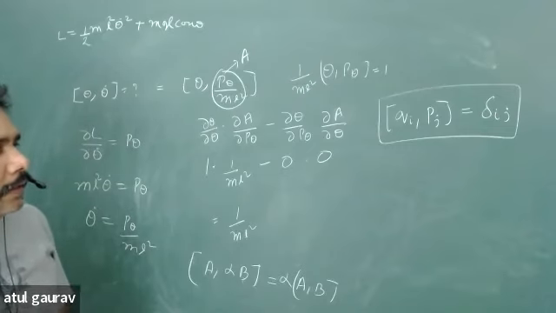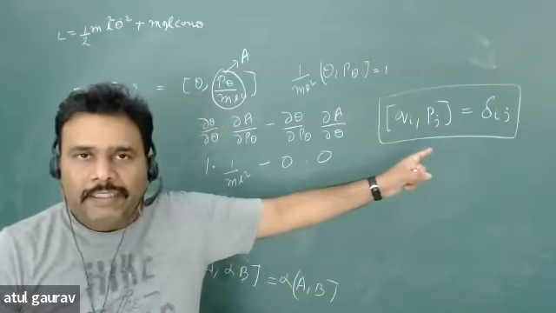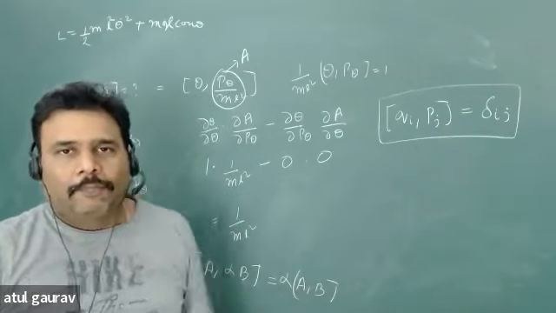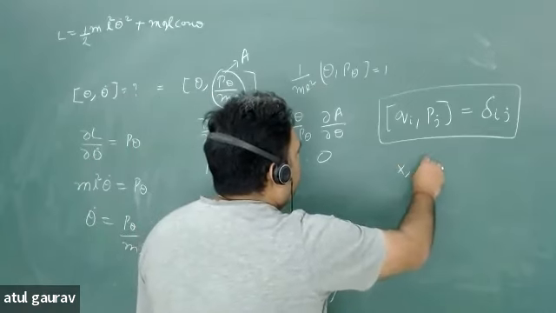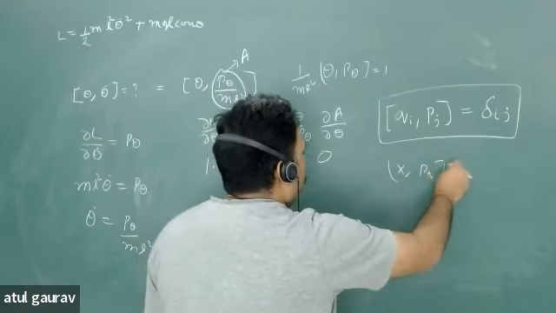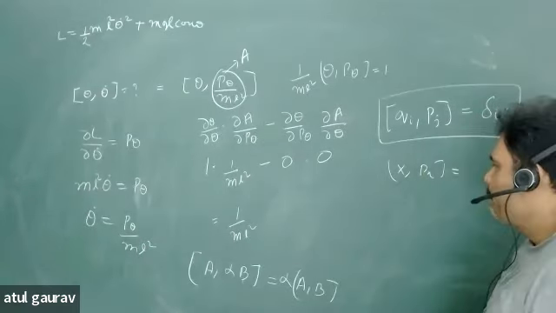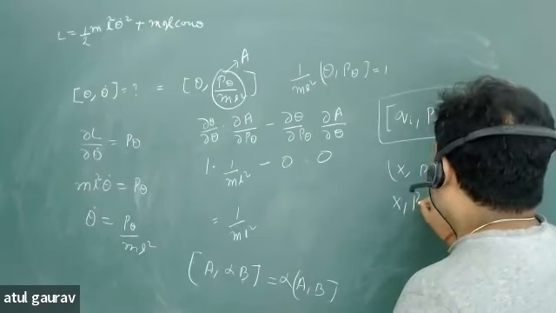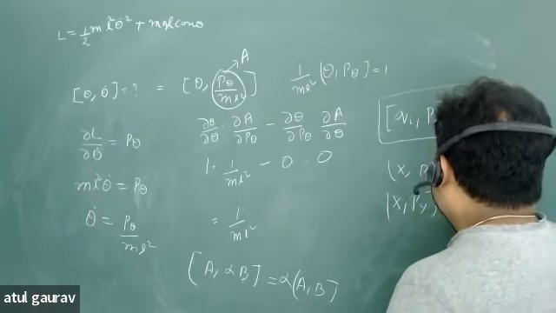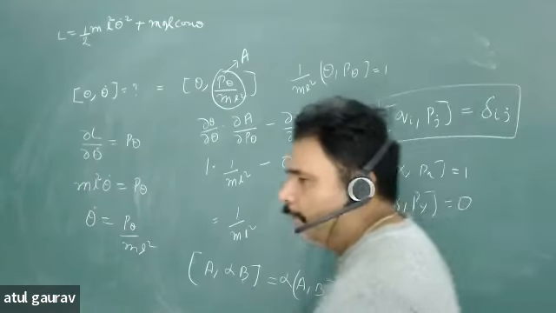If i is equal to j, then this will survive, isn't it? Otherwise, all parts are 0. For example, if I am talking about x and p_x, what will happen? 1. Now I just want to find x and p_y. What will happen? 0. Very good.